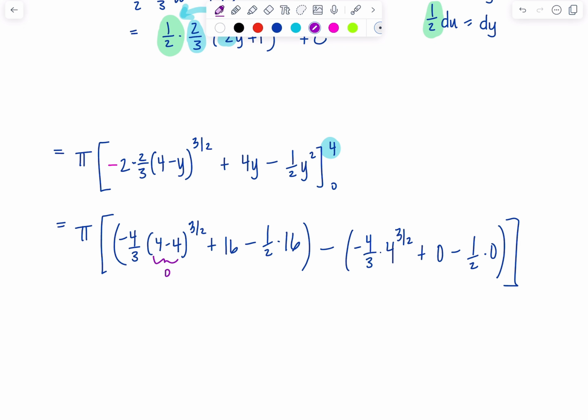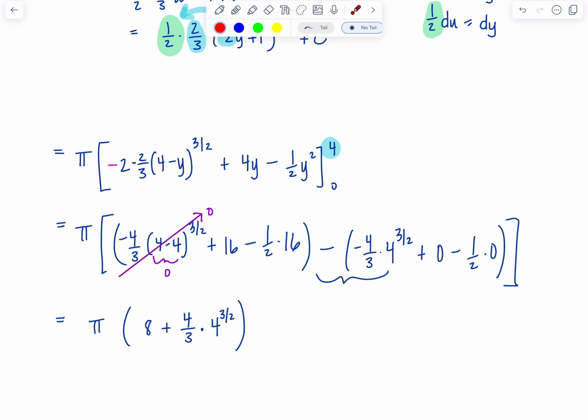So this is 0 to the 3/2, so this whole thing's 0. And then this is 16 minus 8. So I have pi times 8. This is going to give me plus 4/3 times 4 to the 3/2. 4 to the 3/2, how do you evaluate that?